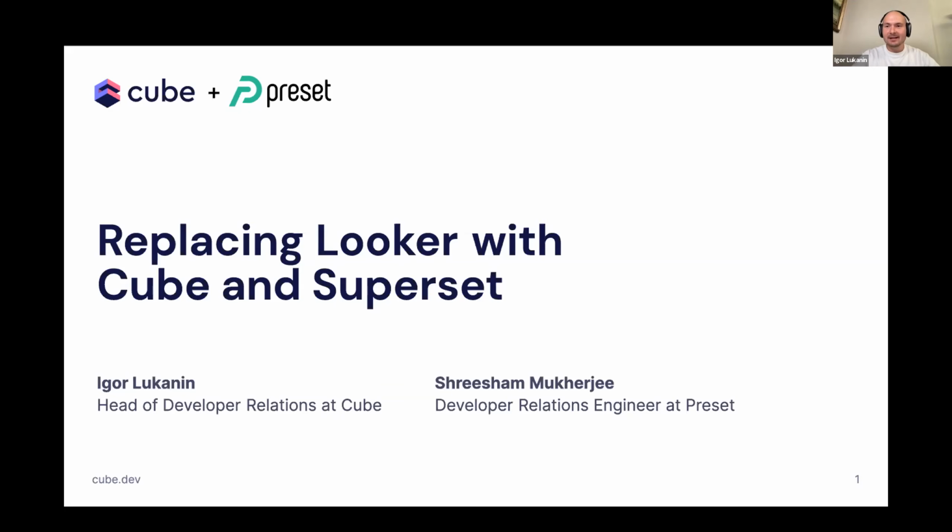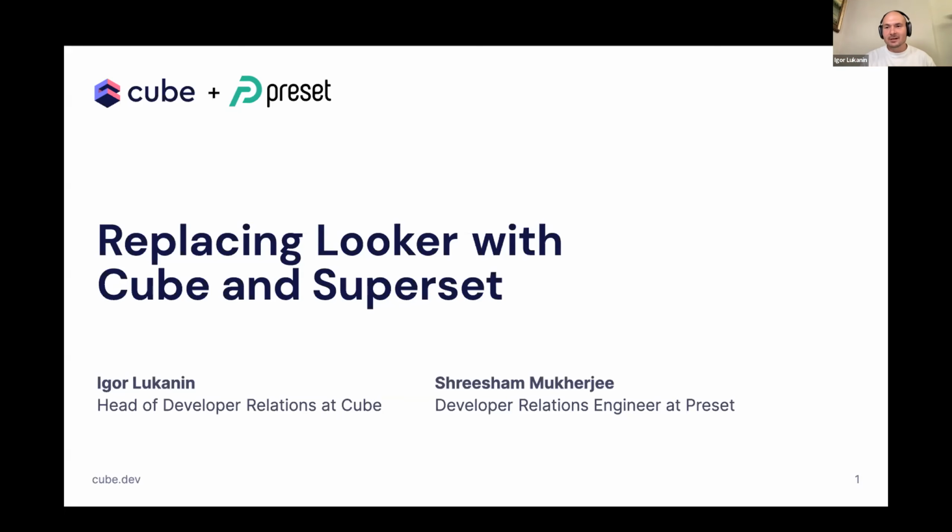Okay, with that, let's jump into maybe a couple of slides, not a lot of them. The structure for this webinar is that we'll very concisely cover a couple of basic things about Looker.